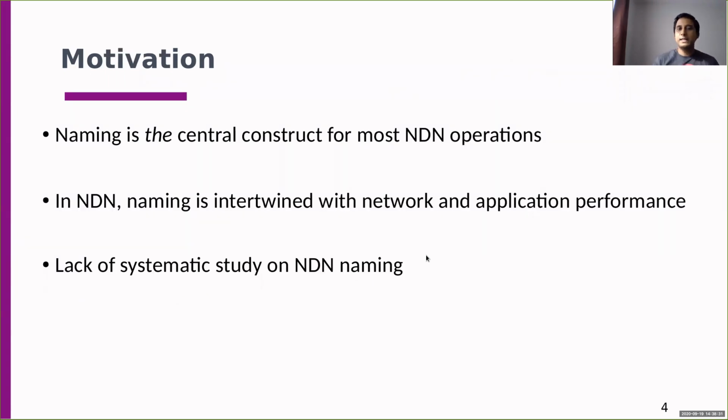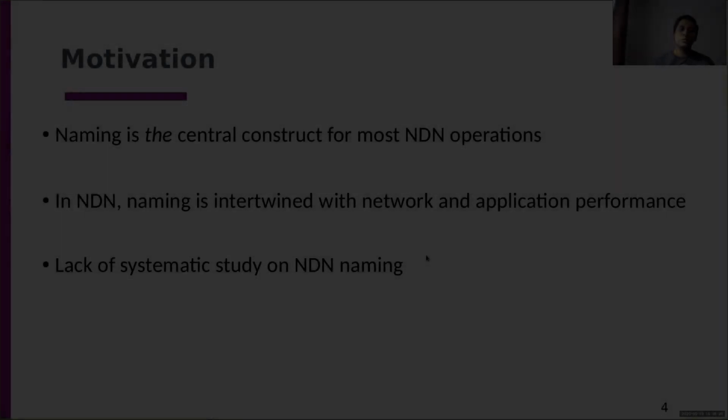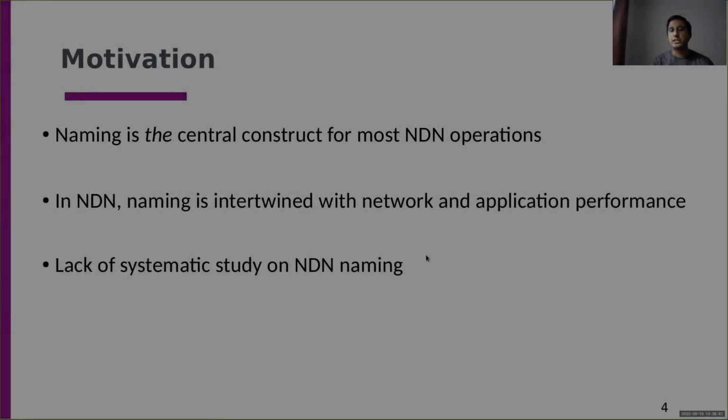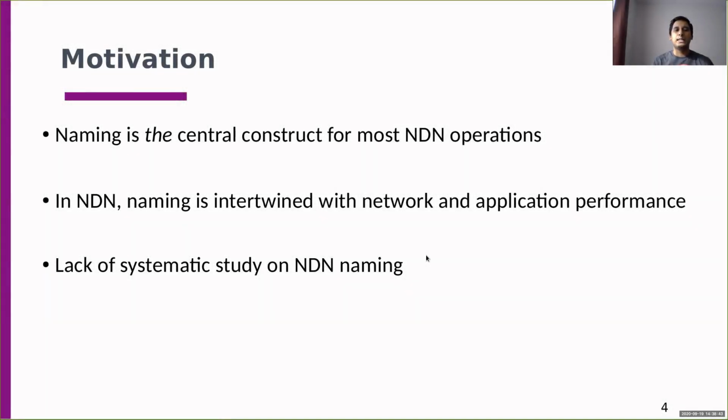So the motivation for this work is we know that names are the central construct for most NDN operations. The way we name the data at the application layer affects both the applications themselves, but also the network, though in the context of scientific data.